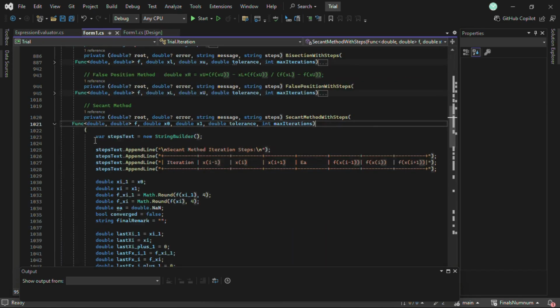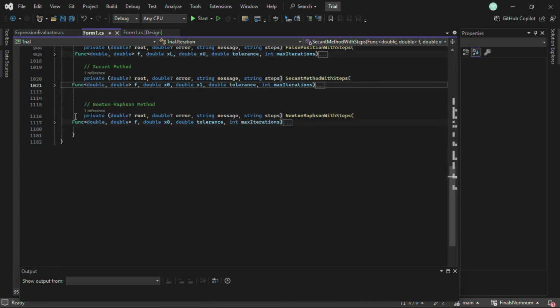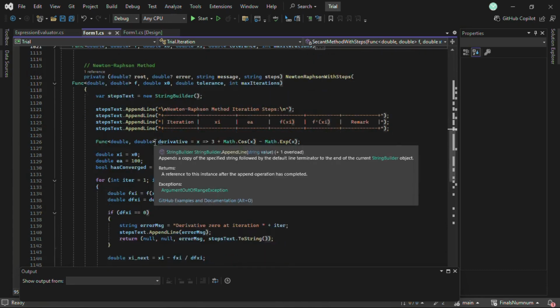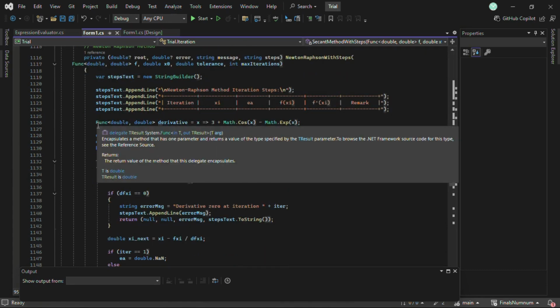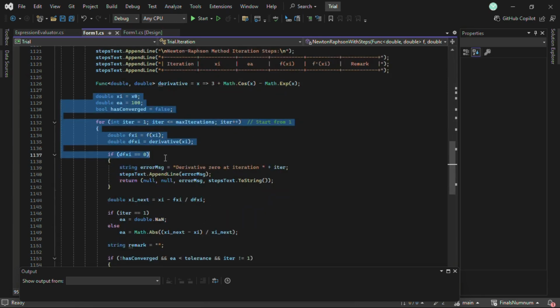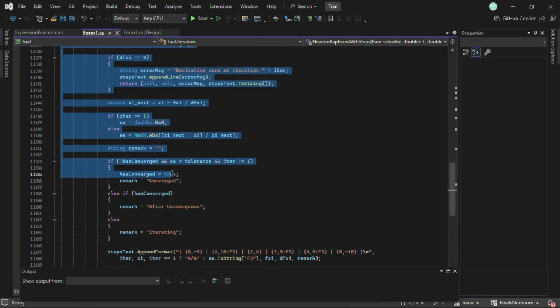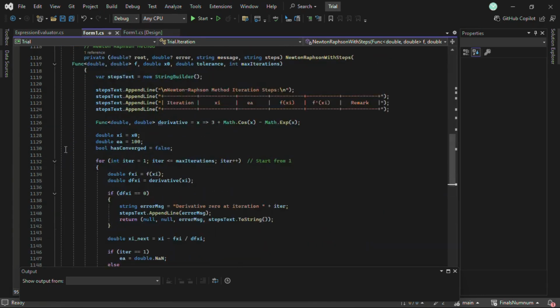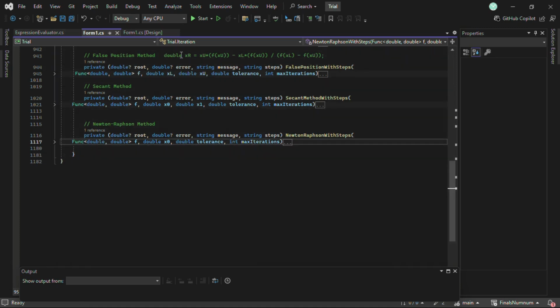Next to secant, lastly, is my Newton-Raphson. Here I place the formula, and now we will go to the Windows Form to see how it works.